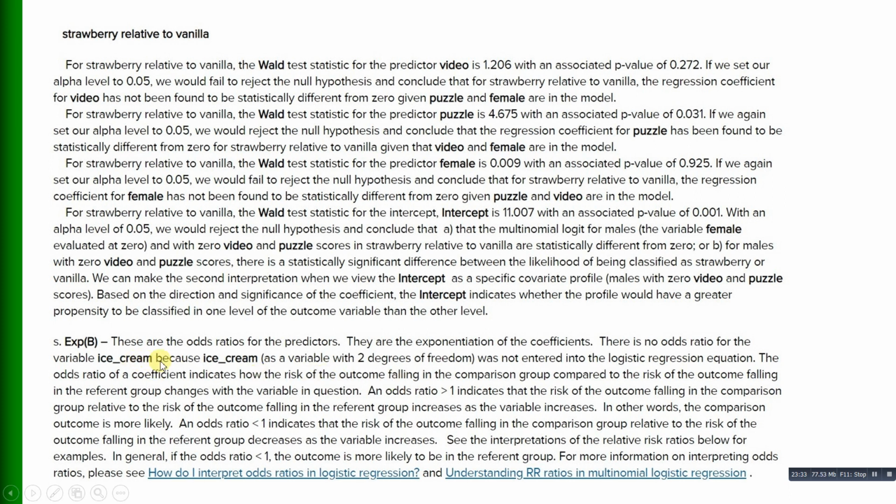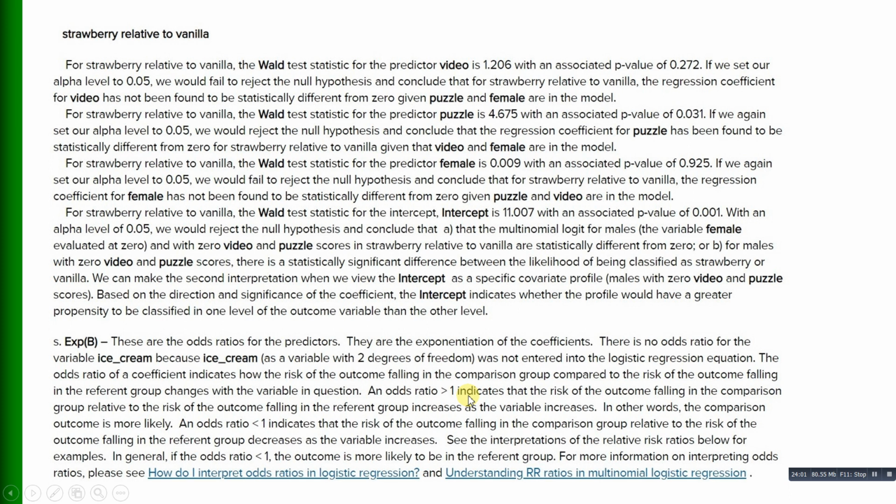The odds ratio of a coefficient indicates how the risk of the outcome falling in the comparison group compared to the risk of the outcome falling in the reference group changes with the variable in question. If the odds ratio is greater than 1, then it indicates that the risk of the outcome falling in the comparison group relative to the risk of the outcome falling in the reference group increases as the variable increases.